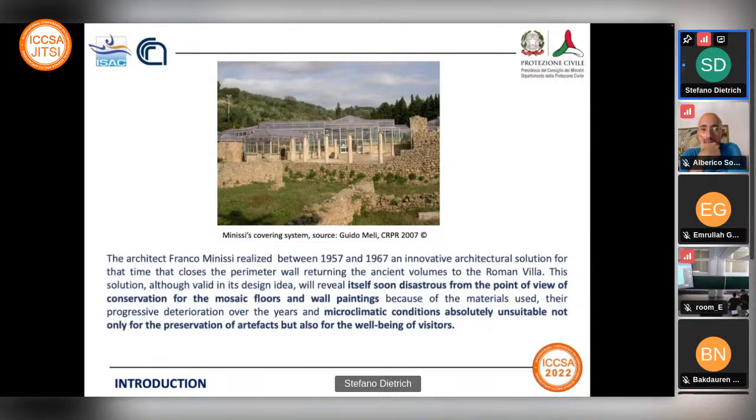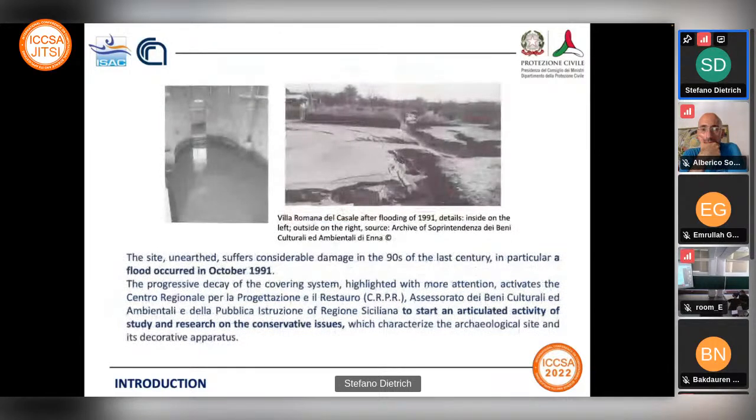After that, the site suffered considerable damage in 1990, in particular a flood in October 1991, exactly 30 years before the Apollo Medicane that we are going to describe.